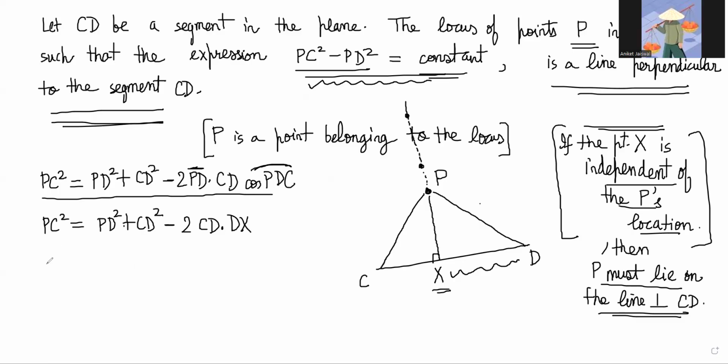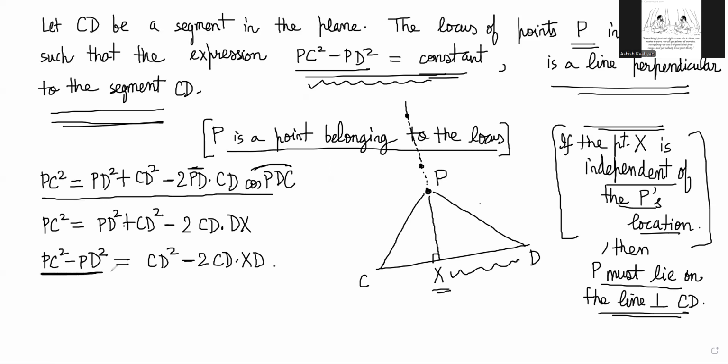Great. So now see, from here we are getting PC square minus PD square is equal to CD square minus 2 CD into XD, right? But we already know that P is a point belonging to the locus, so this part is constant. So if this part is constant, then this is also constant.